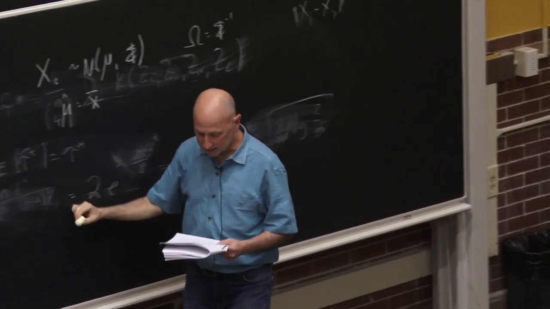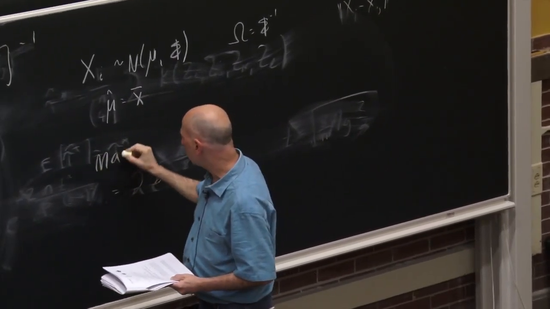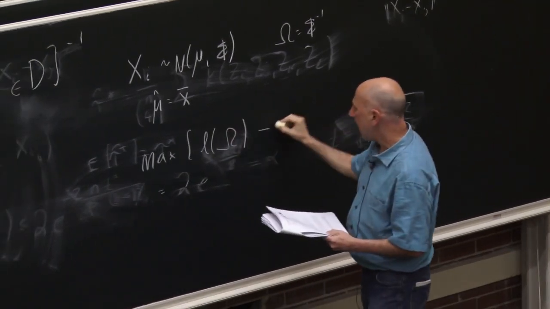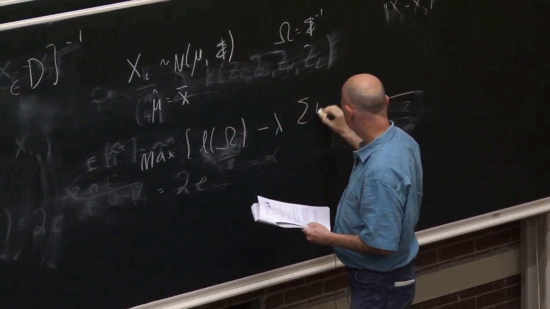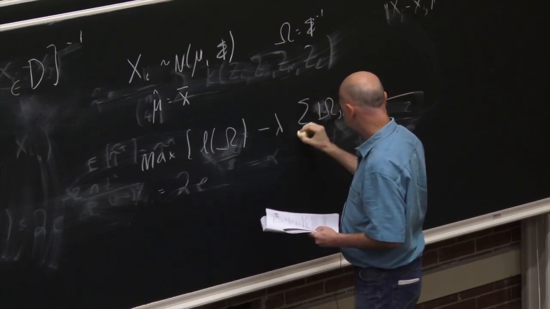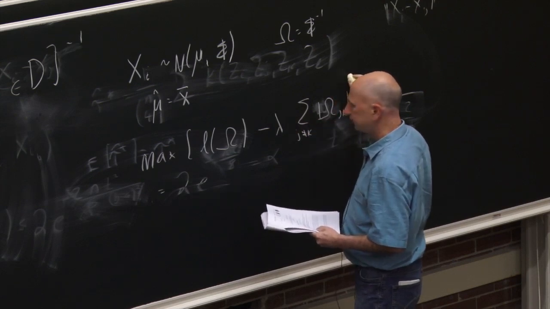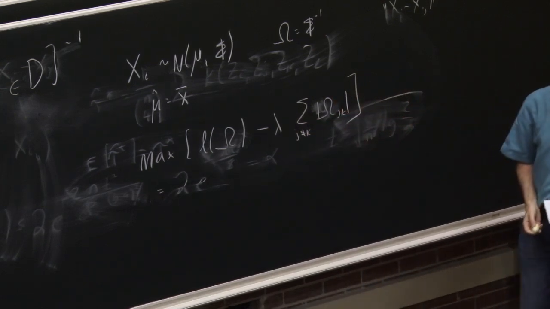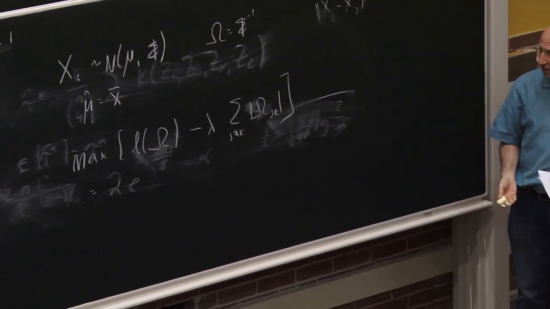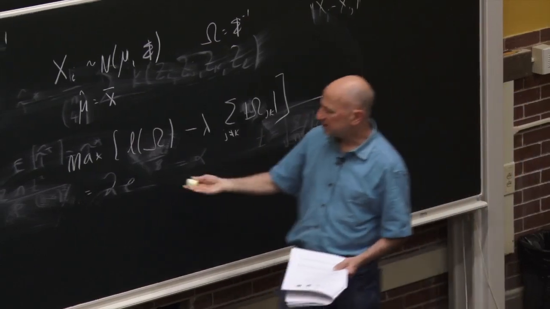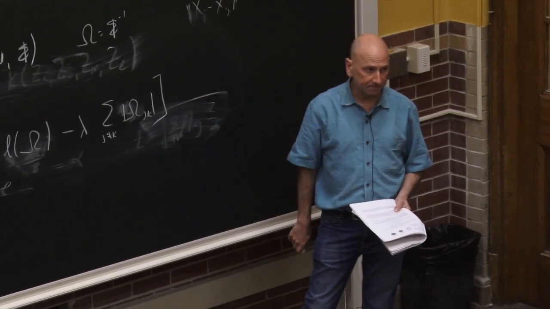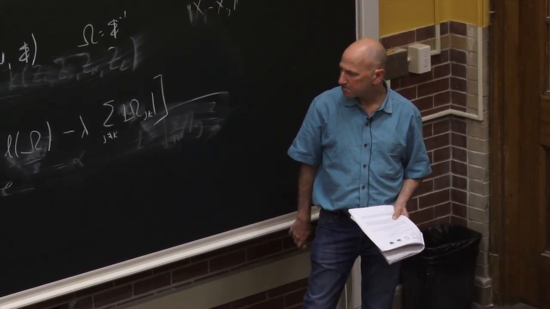So what the lasso does is it says, instead of maximizing the log likelihood, this will be the log likelihood as a function of omega, add an L1 penalty. It's exactly like we did in regression. Instead of minimizing least squares, we just added an L1 penalty. But there we were minimizing. Here we're maximizing because it's likelihood, so we subtract a penalty. That's all the lasso does, the graphical lasso.